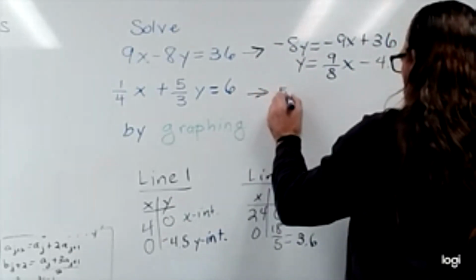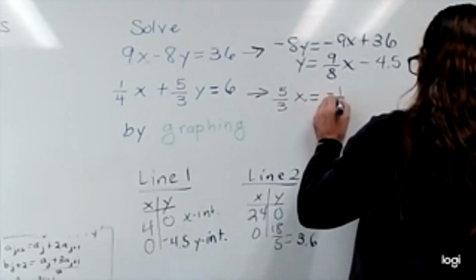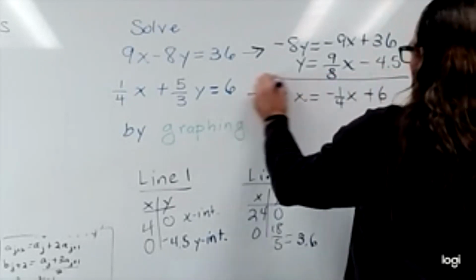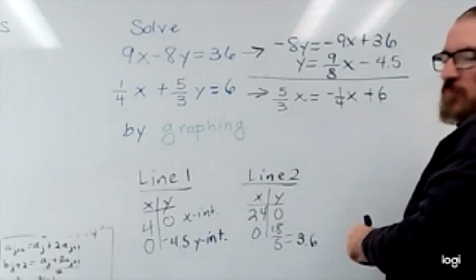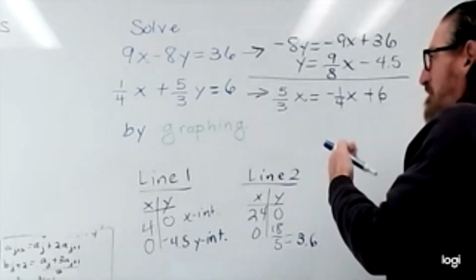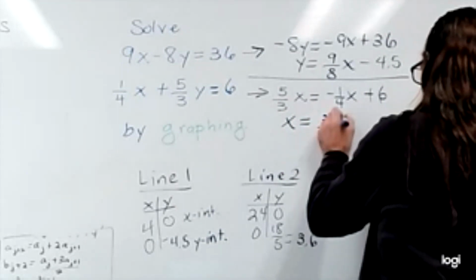Subtract 1/4 x. And then I'm going to multiply both sides by 3/5, which is the same as dividing by 5/3.